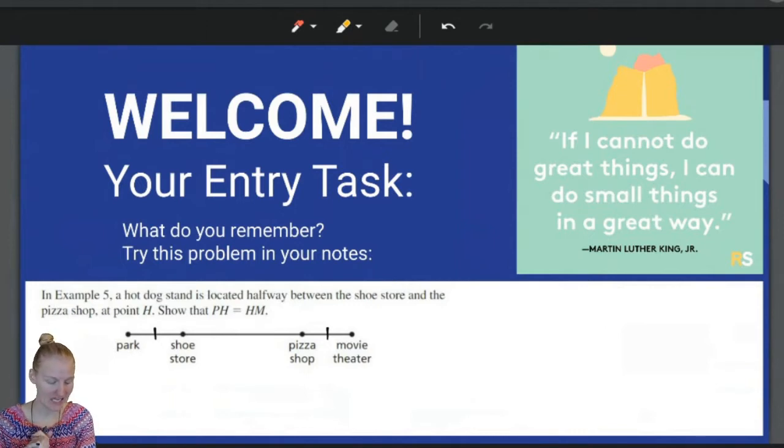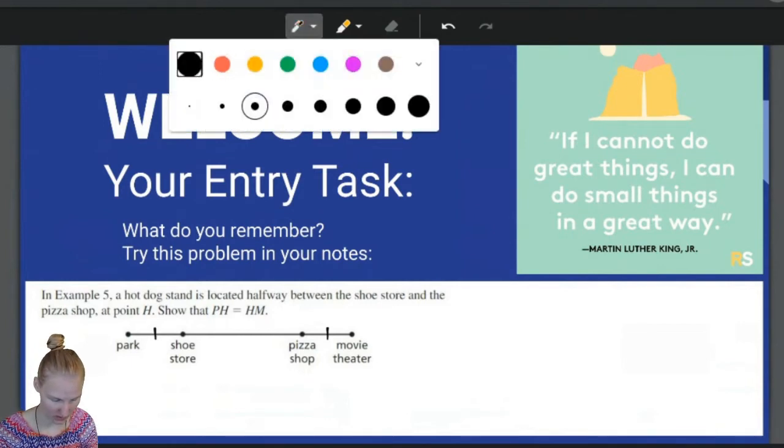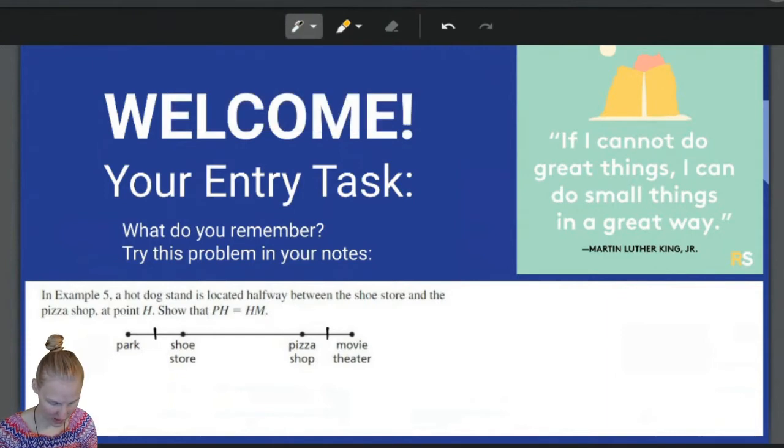Okay. So, in example 5, the example that we did at the end of last video, a hot dog stand is now located halfway between the shoe store and the pizza shop. So at point H, we'll call this the hot dog point. And because it's located exactly halfway, that means that the distance between the shoe store and the pizza shop is exactly the same.